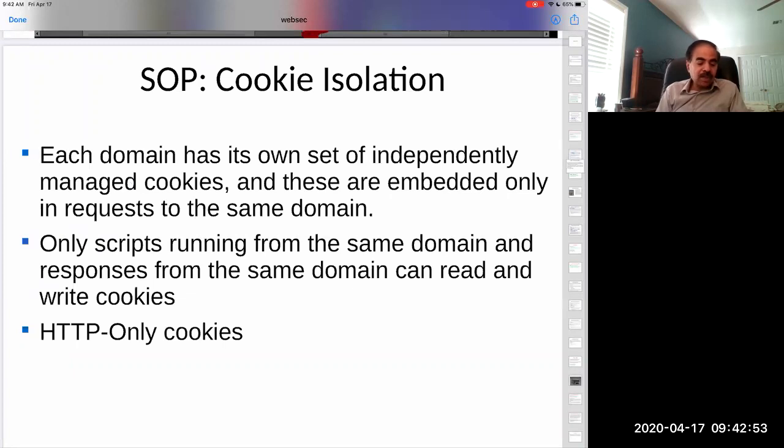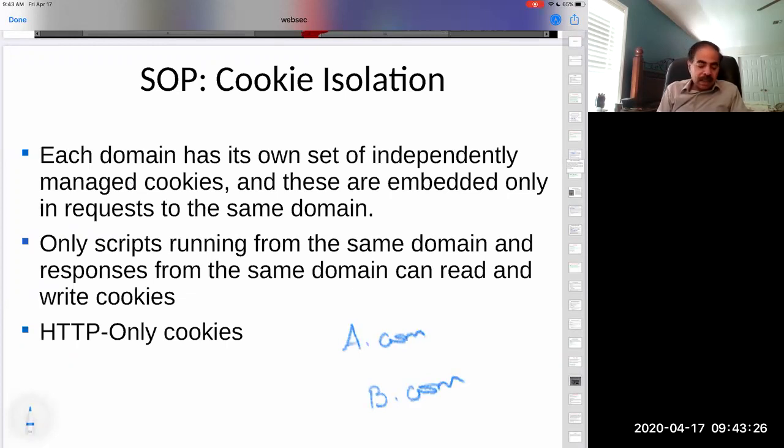In addition, whenever you contact that domain, the browser is going to automatically send the cookies that were set by that domain back to that website. So this is how SOP works for cookies. If you have a cookie set by a.com, then b.com cannot access that cookie.